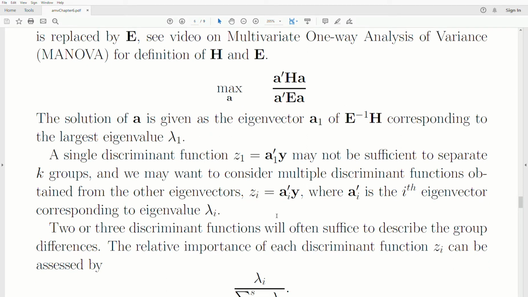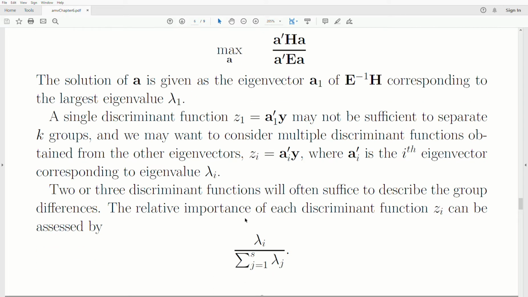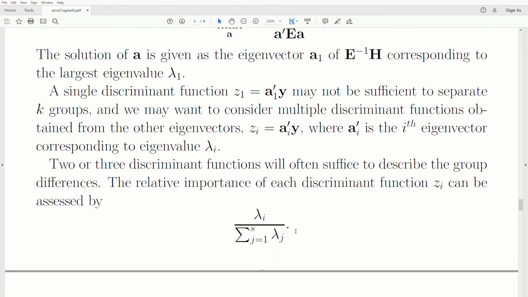Now, how many do you use? Well, it depends on how much of the total variation is described. This is the general rule of thumb formula. In general, 2 or 3 discriminant functions is enough to describe the group differences.